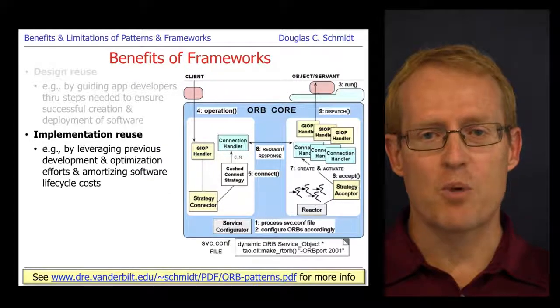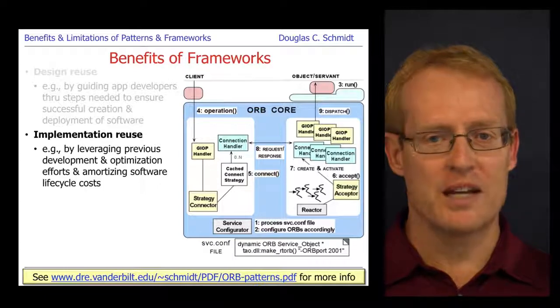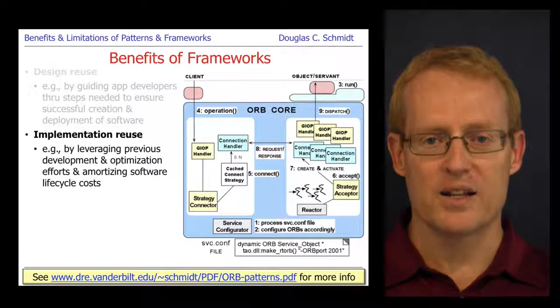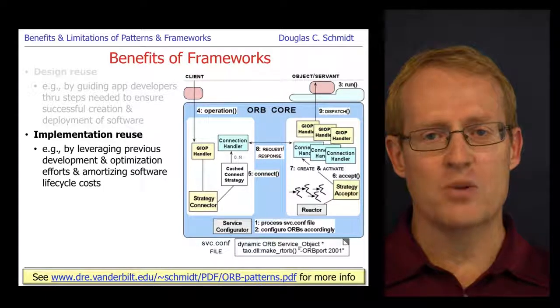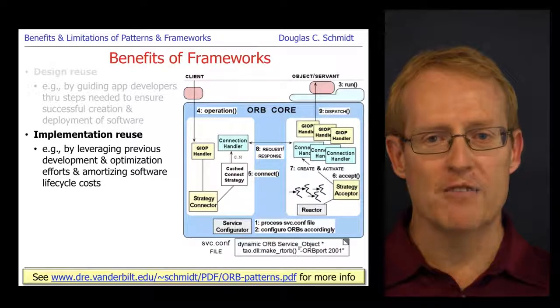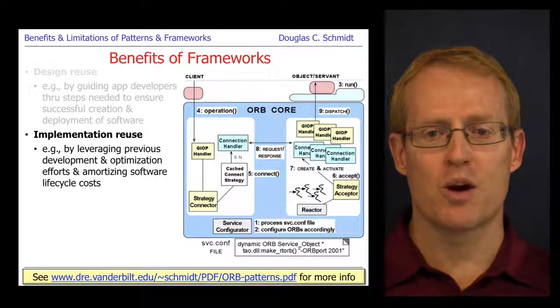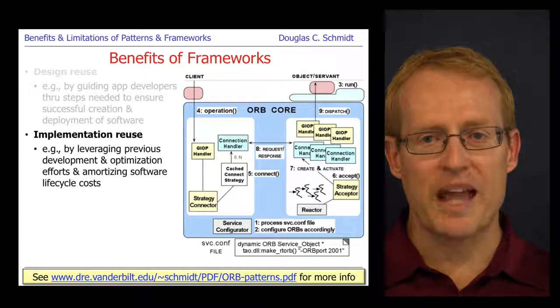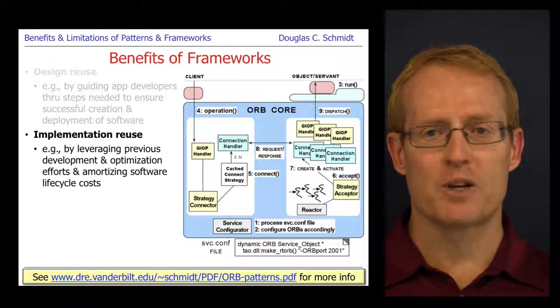So in other words, the frameworks actually take the patterns and other aspects of design and other insights, and they actually allow you to create working software that leverages prior investment, prior implementation work, prior optimization efforts, and so on, thereby helping to amortize the software development cost.